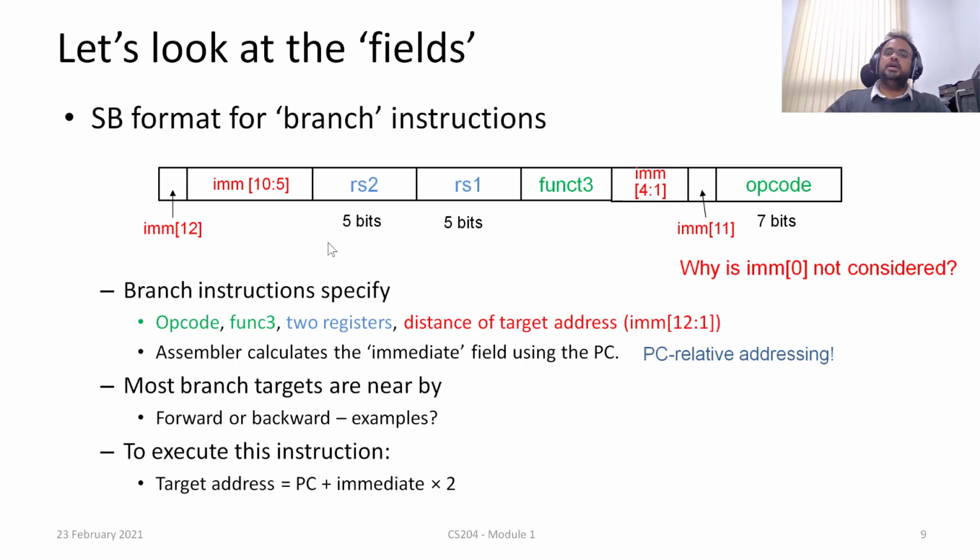We said that the immediate field is 12 bits, and we are saying that bit positions 12 to 1 are stored, but it usually is 11 to 0. Why did we omit immediate 0 here? Accordingly, you'll also find an answer on why we are multiplying it by 2 at the hardware. I'll leave it to you to brainstorm, and if it's still not clear, we can discuss either in the live sessions or on Piazza.